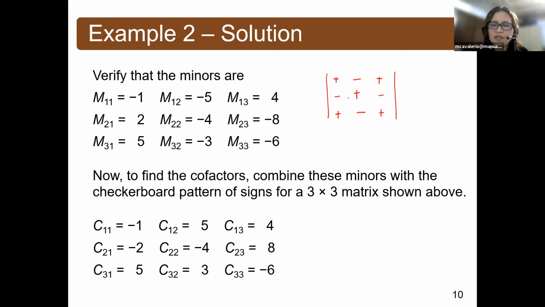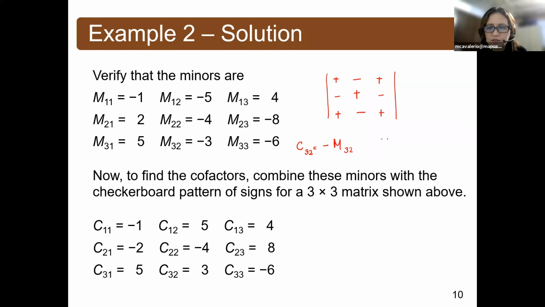So that if you're getting, for example, the minor of 32, you'll be able to eliminate the third row as well as the second column and find the determinant of the submatrix that is left. And so the cofactor 32 is simply negative the minor M32.